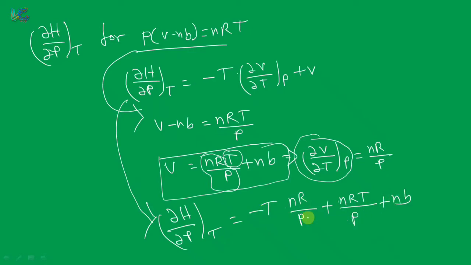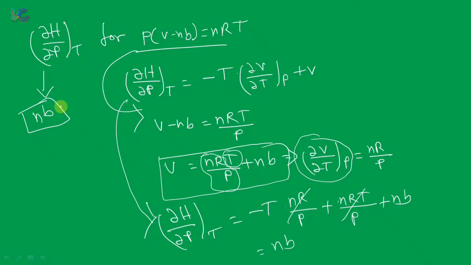So minus nRT by P plus nRT by P will cancel out. So what you will get at last is equal to nb. That means del H del P at constant T for the gas P into V minus nb is equal to nRT, you are getting the value of nb.